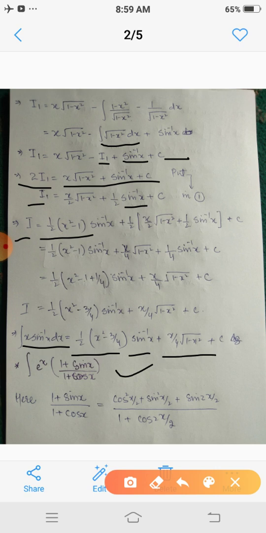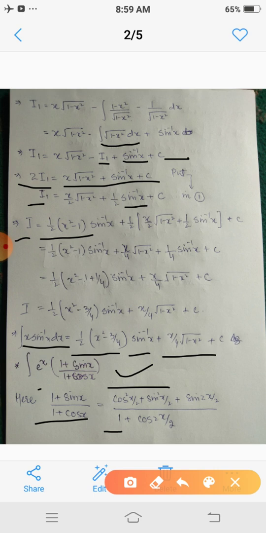Now we can write this as 1 plus sin x upon 1 plus cos x by changing the angle to half angle and using the identity sin square theta plus cos square theta is 1. We know that cos square x by 2 plus sin square x by 2 is 1, and sin x can be written as sin 2(x by 2) upon 2. Similarly here we can write 1 plus cos 2(x by 2).